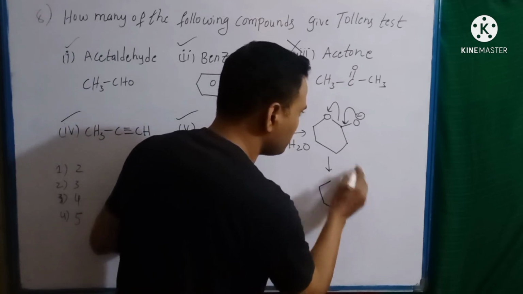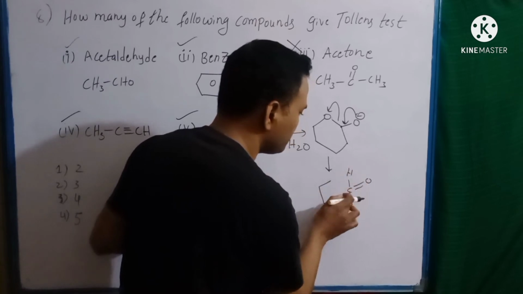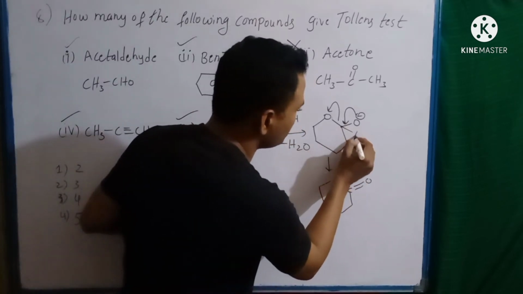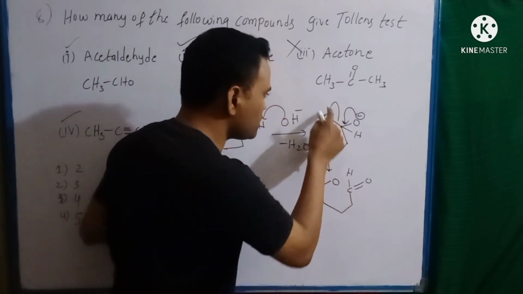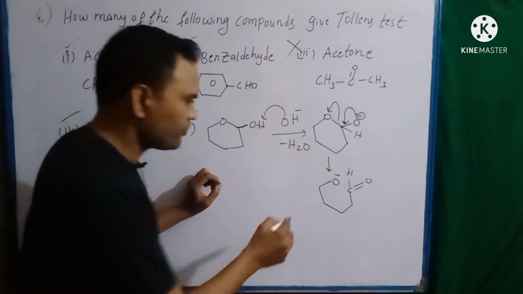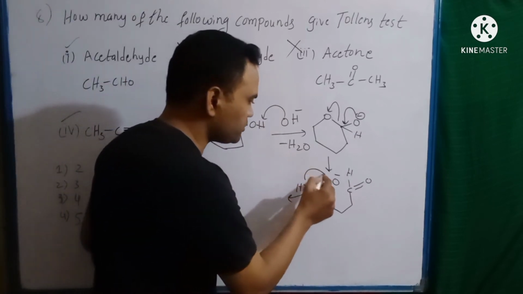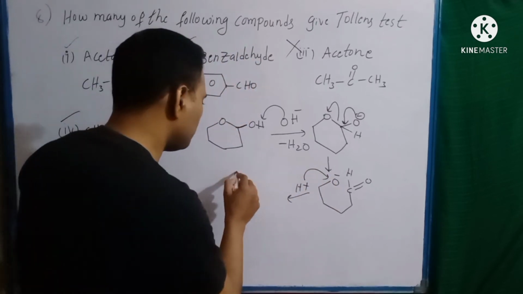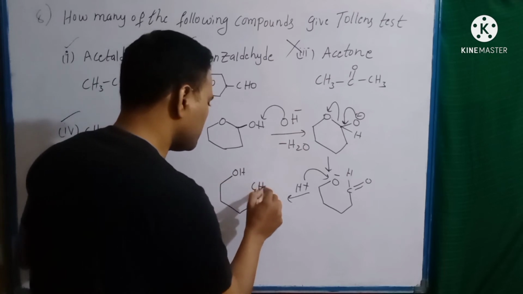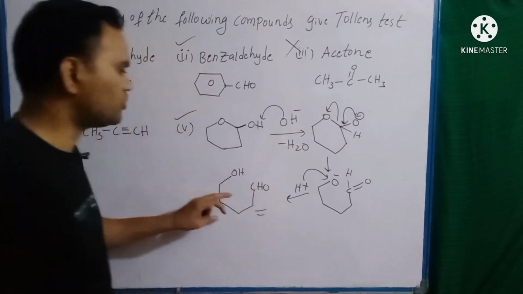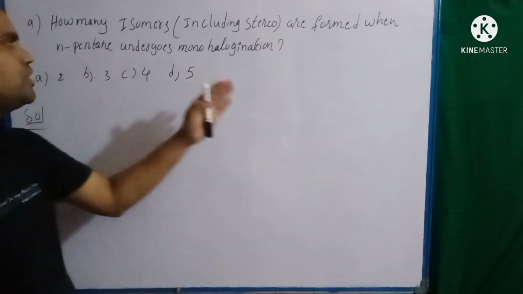Here we get carbon double bond oxygen, here hydrogen is present already. Because here one hydrogen is present, I am writing that hydrogen, and on this oxygen atom negative charge will come. See, this is negative charge, and proton from this water molecule attacks this oxygen and produces OH. Now aldehyde is produced, so it also will give positive test with the Tollens reagent. Okay, clear? Let us see next question.